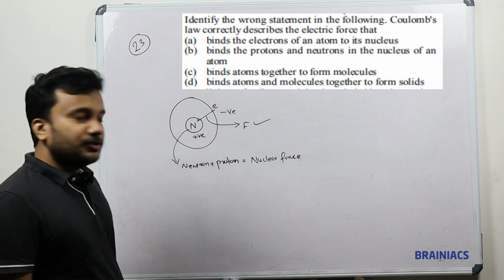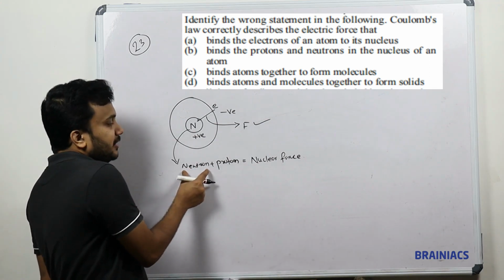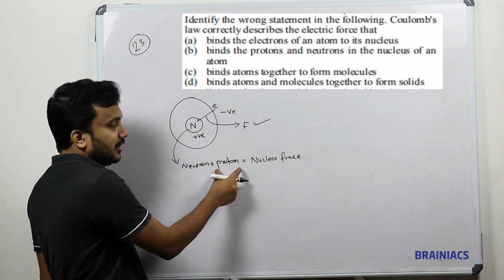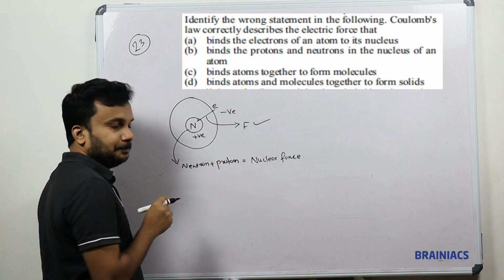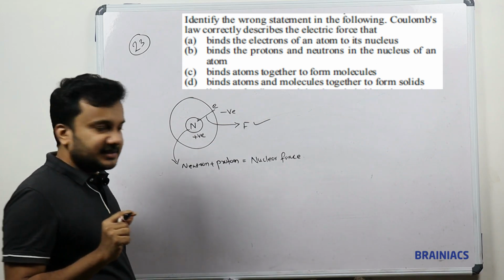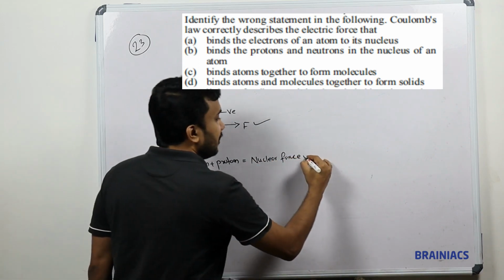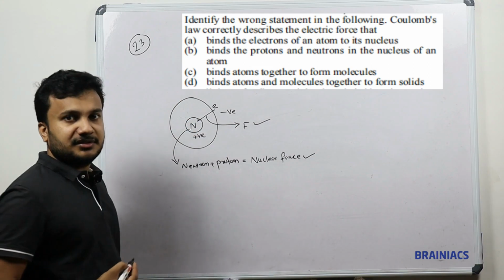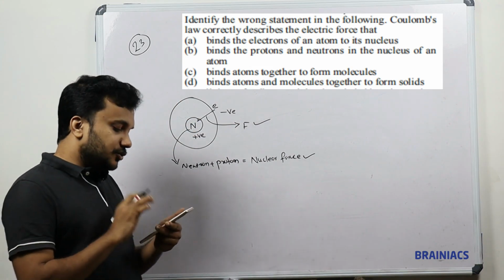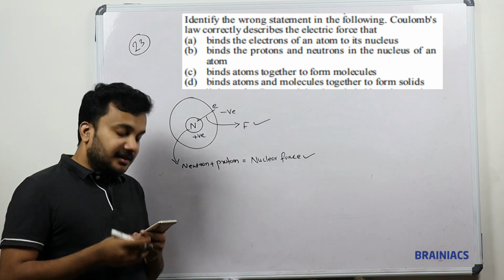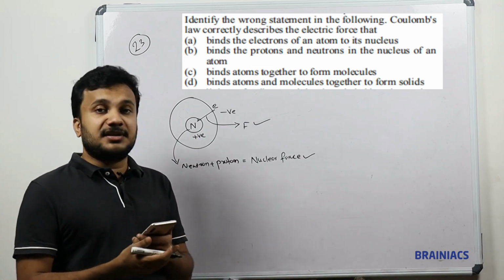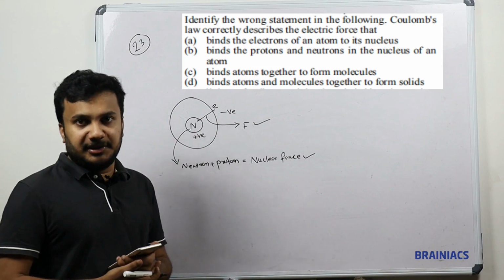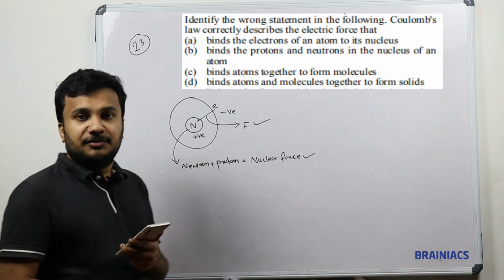Here the charge of neutron is 0 and the charge of proton is positive, so there is no Coulomb force between them. Instead, what force exists? That is called nuclear force. So nuclear force exists, not Coulomb force. So option B is a wrong statement and that is the correct answer for question number 23, which asks which of the following is a wrong statement. So the answer is B.